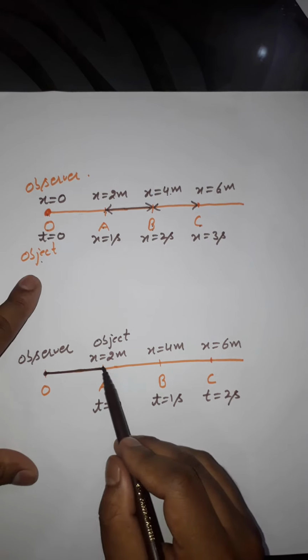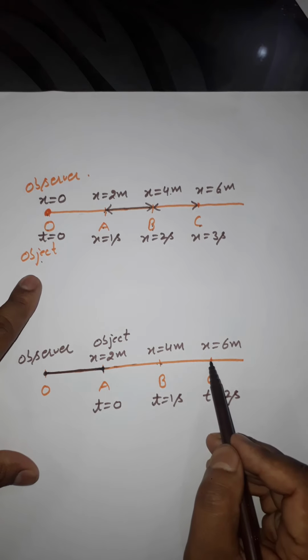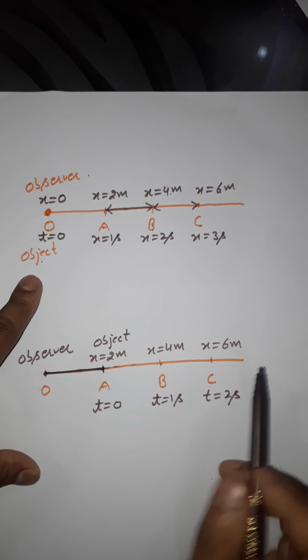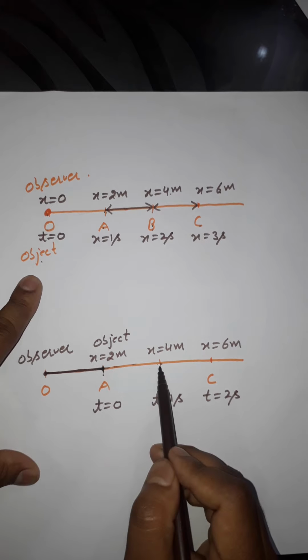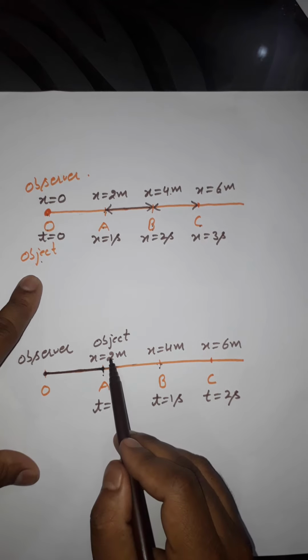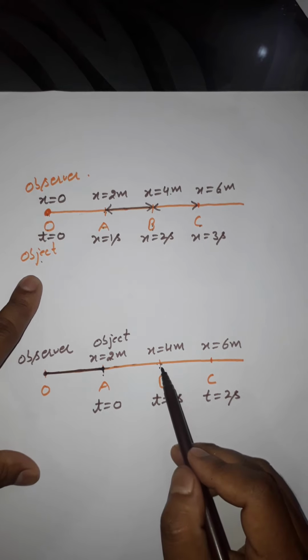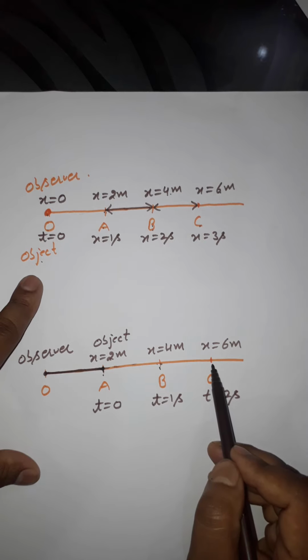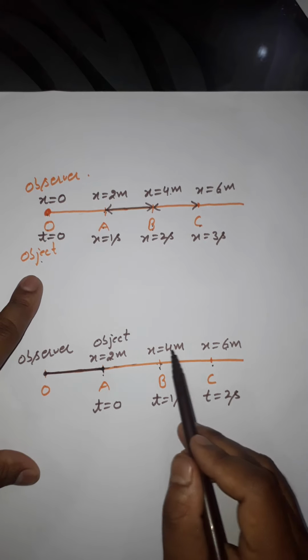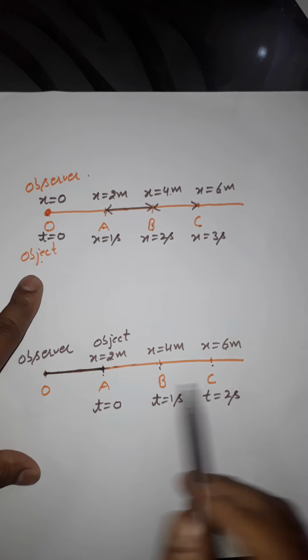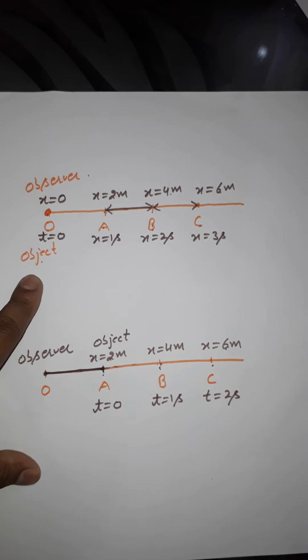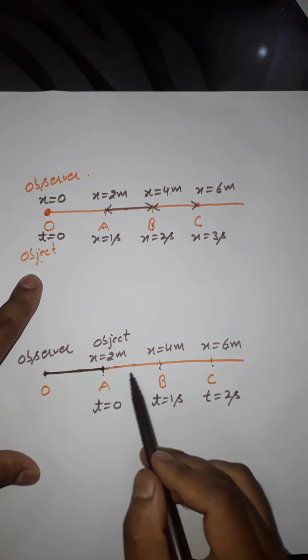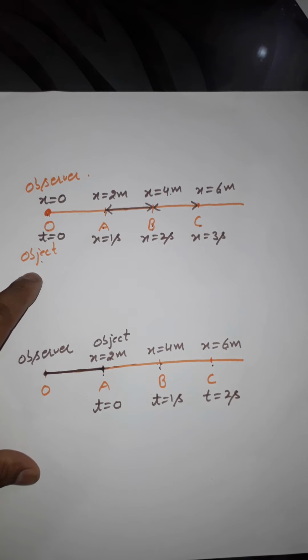Again, equal distances in equal intervals of time, because the distance between A and B point is again 4 minus 2, 2 meter, and the distance between B and C point is again 6 minus 4, that is 2 meter. So equal distances in equal intervals of time, which is the example of uniform motion.